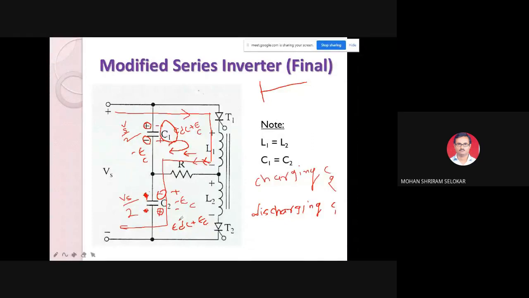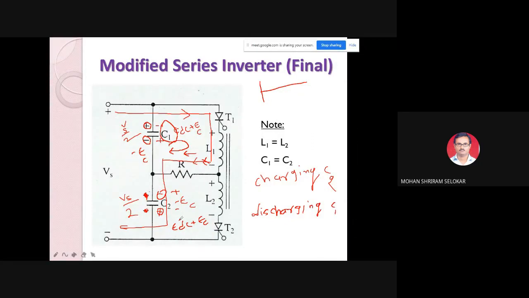So negative EC, with upper plate negative and bottom plate positive, whereas the capacitor C2, which was at minus EC, will be charged to EDC plus EC, means upper plate positive and lower plate negative. Are you okay? Okay, clear.